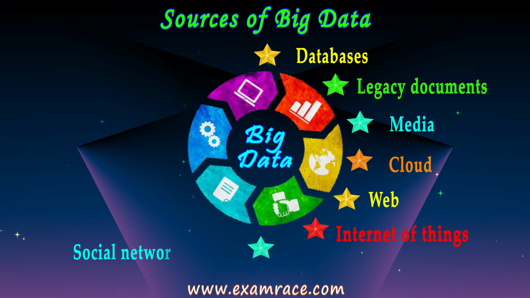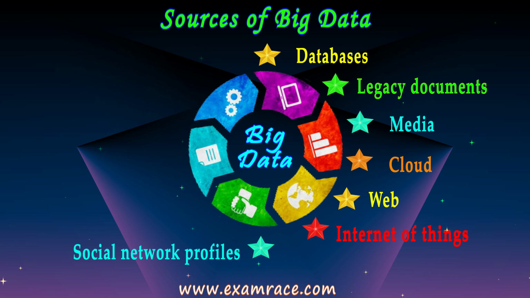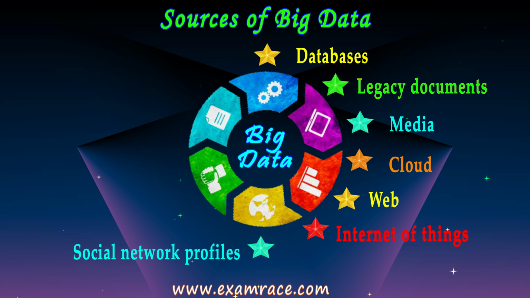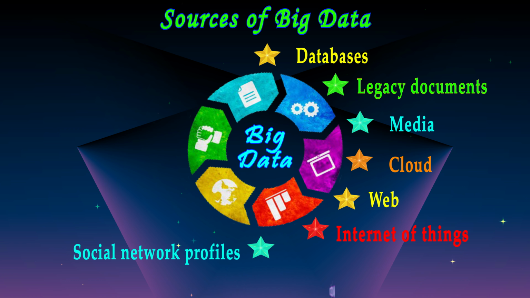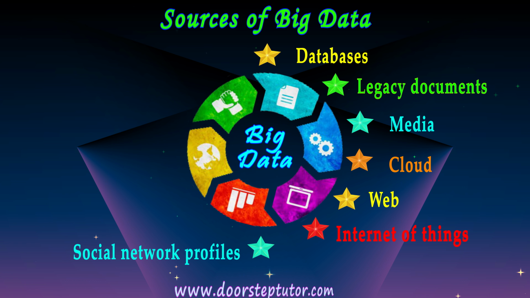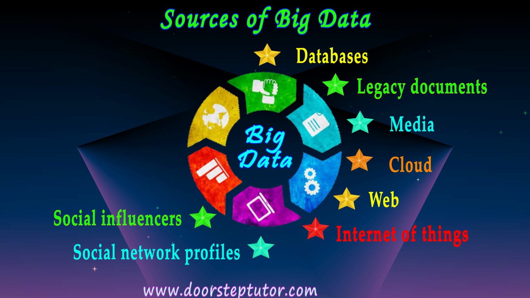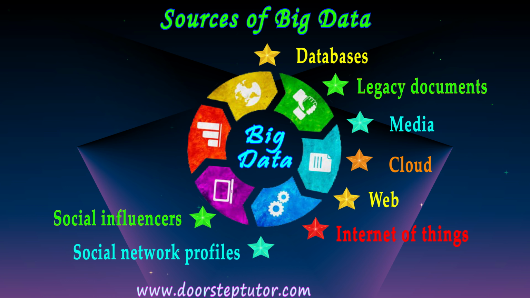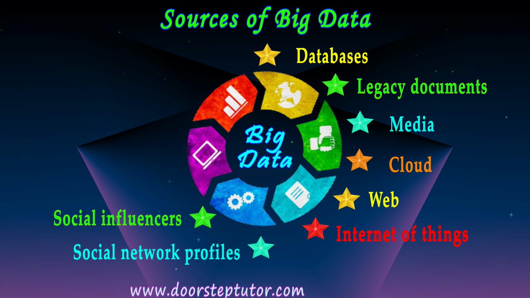Then social network profiles, like Facebook and Twitter. Everybody is creating their account on Facebook and Twitter, so its database is getting larger and larger. It needs to save the data of a large number of persons. Then the social influencer. Now what is a social influencer? It is a form of social media marketing involving endorsements and product placement from influencers.